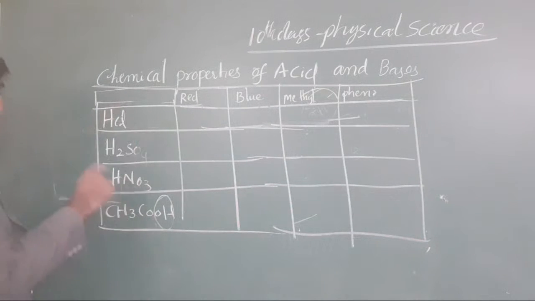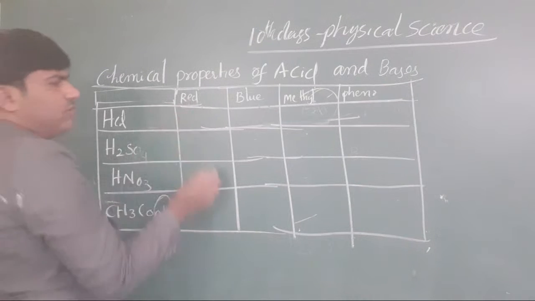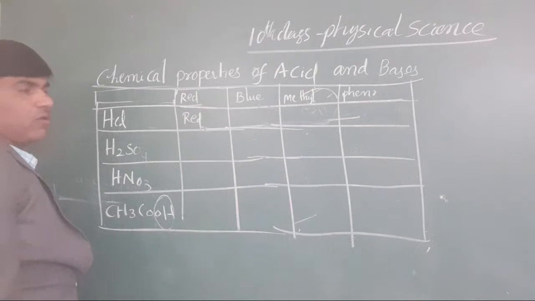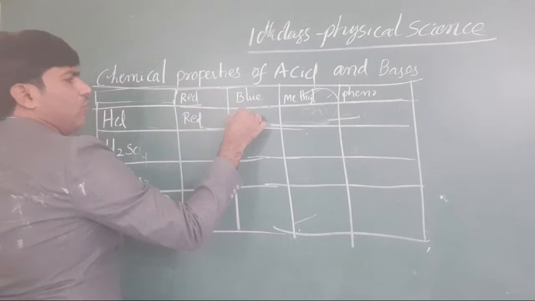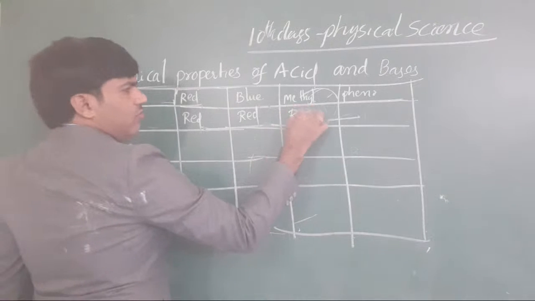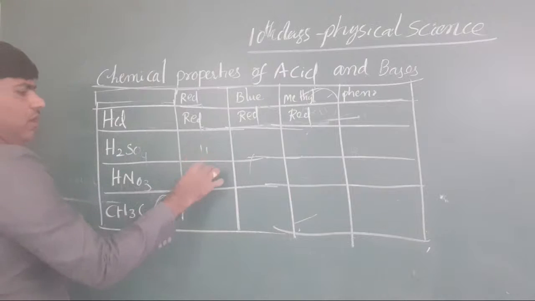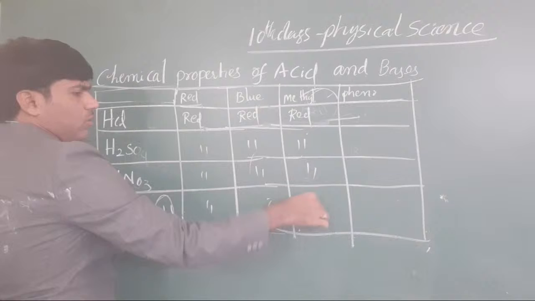If these all are acids, you know very well the red litmus remains red only, or not? It remains in red color only. The blue litmus converts to red only. Methyl orange also converts to red only. All the acids convert to red like that only.